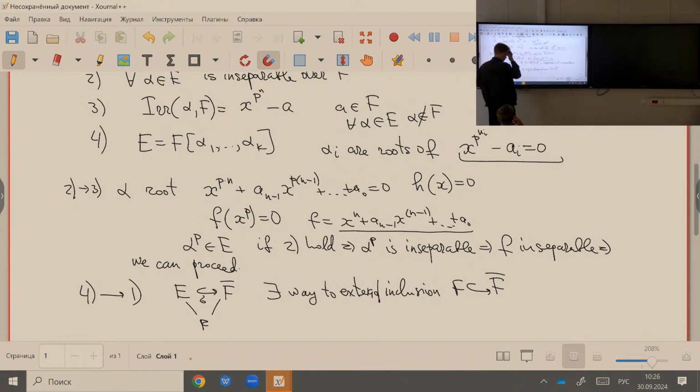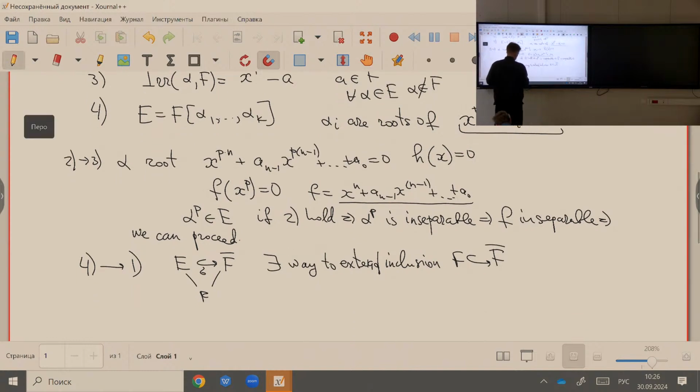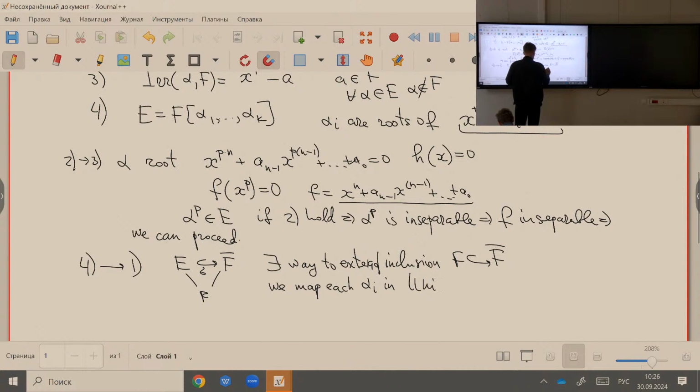And that's why we map each alpha_i to the unique solution of the equation x^{p^{n_i}} minus a_i in F bar.